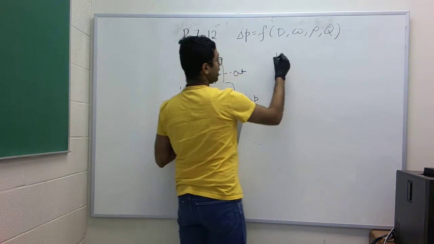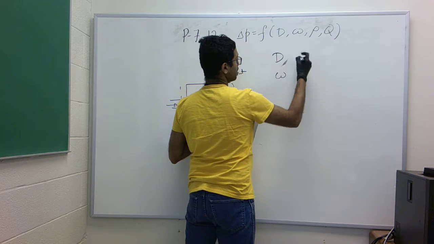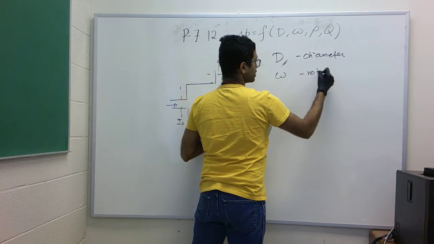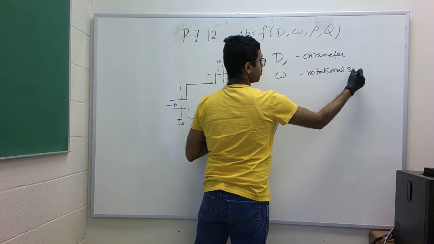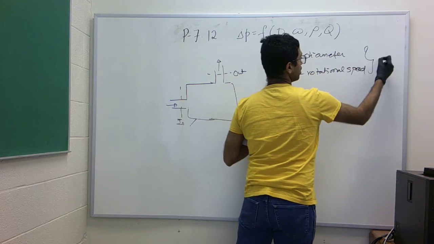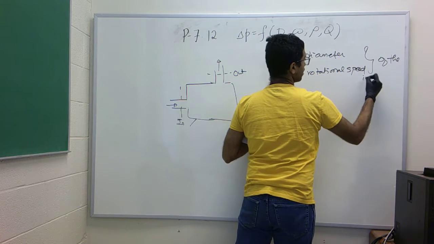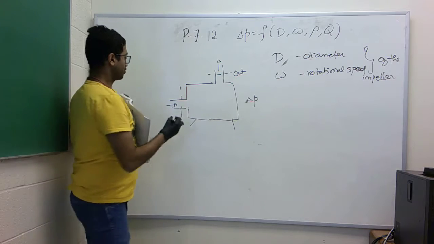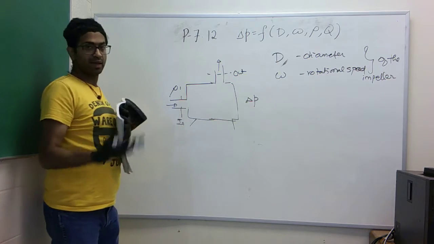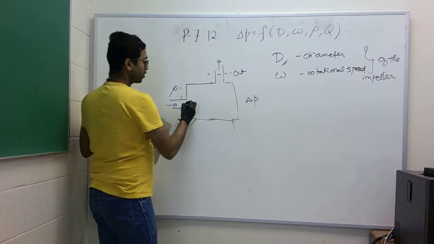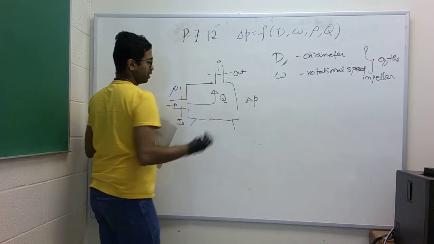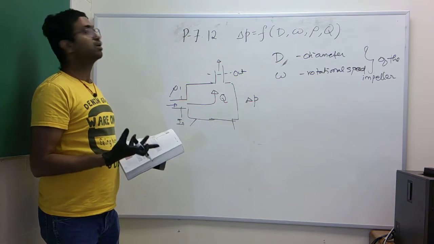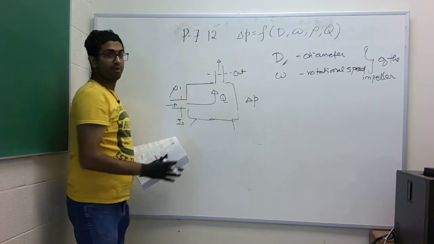So D and omega are the diameter and rotational speed of the impeller, okay, and rho is the density of the fluid. The fluid that's coming in has a density rho, and it is flowing at a flow rate of Q. And assume that it's an incompressible fluid, so that you can just have a single value of density.